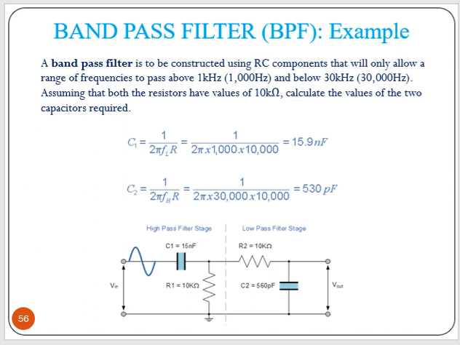Now say for an example, a band pass filter you have to compute, for which the pass band should be 1 kilohertz to 30 kilohertz. Assuming both the resistors have 10 kilo ohm value, calculate the two capacitors. What is the formula? The main formula is FL equal to 1 by 2 pi R1 C1.